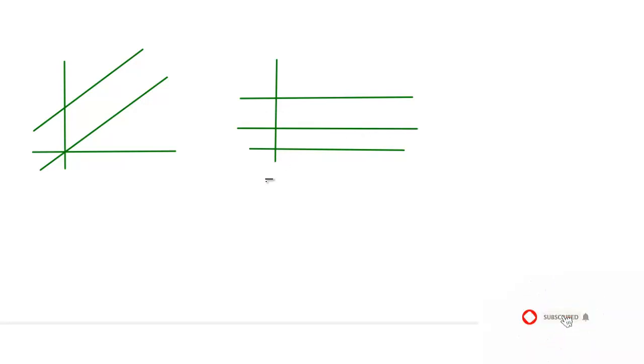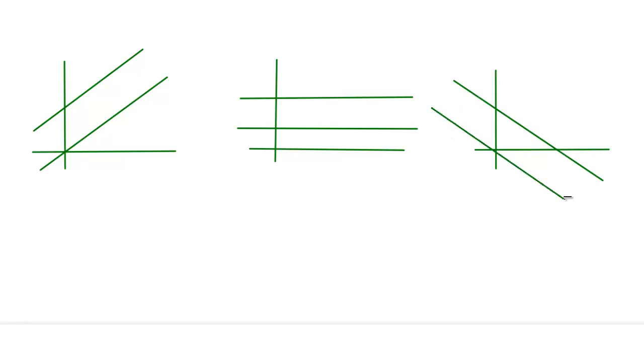Then if I have a coordinate plane like this, this line and this line are parallel to each other. So what I'm trying to say in essence is that the slope of this first line, which is m1, and this one, m2, are equal.